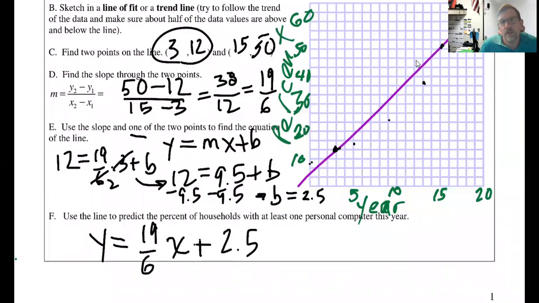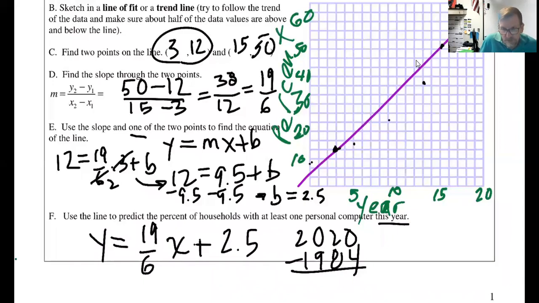What we're trying to do is find out what percentage of households would have computers this year, which is 2020. Basically, just think of it this way: if somebody was born in 1984, how old would they be in 2020? In this case, it would be 36.